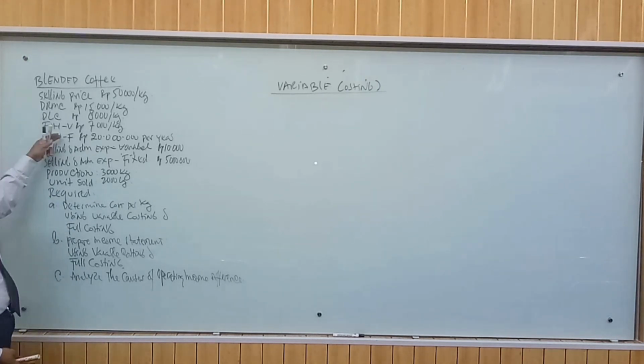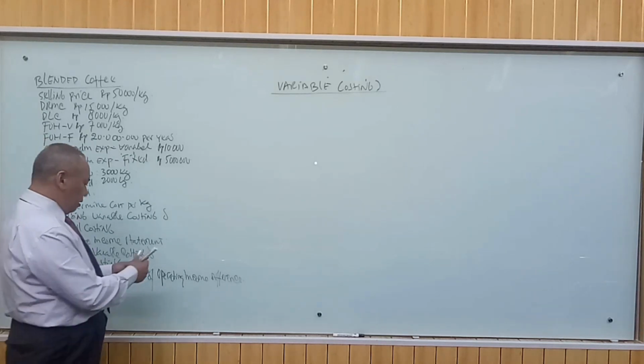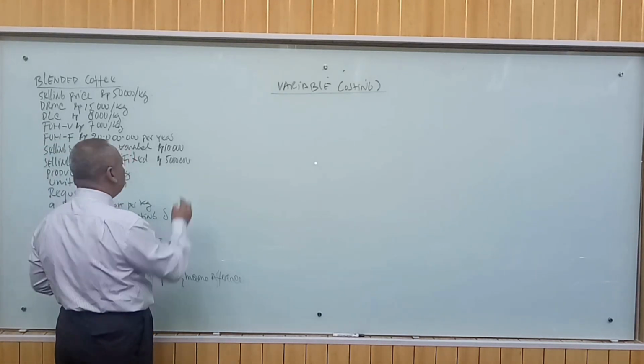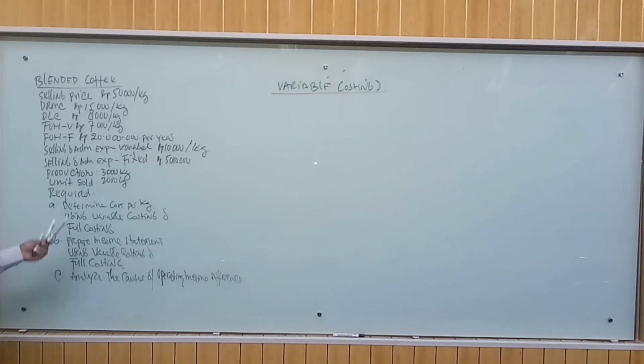Variable factory overhead is 7,000 per kg. Fixed factory overhead is 20 million per year. Variable selling and administrative expenses are 10,000 per kg. Fixed selling and administrative expenses are 5 million.